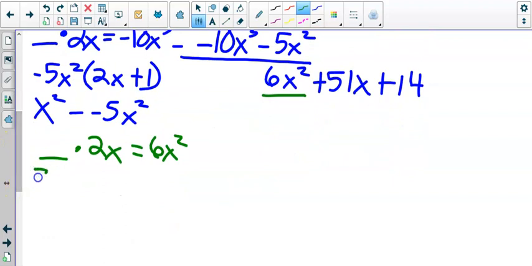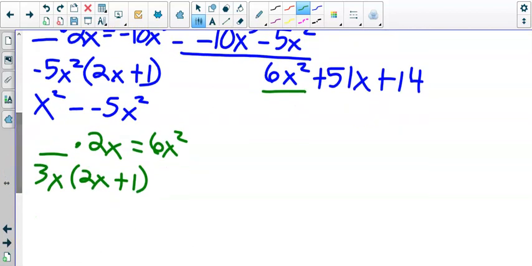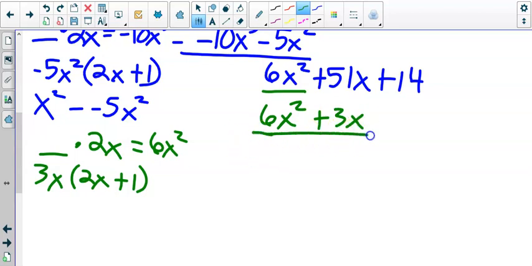And we multiply again. 3x times the 2x plus 1. And that's not surprising. We knew that was going to happen. 6x squared. And then plus a 3x. Perfect. And then long division says subtract down.